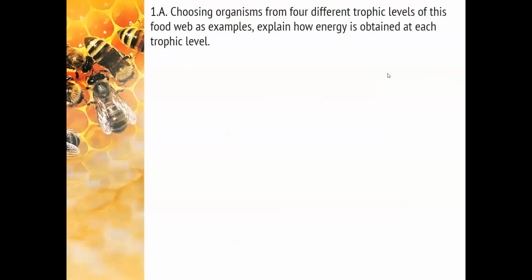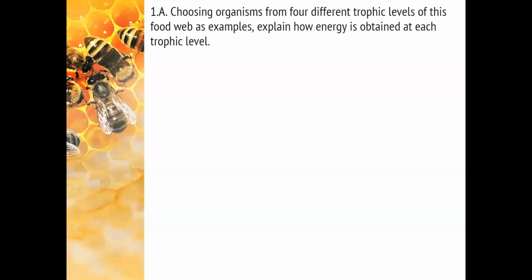So buzzwords that you might have used in this were producers and consumers, first level, secondary, tertiary consumers. Those would be all buzzwords. And you would talk about the producers using energy from the sun through photosynthesis, because it wants you to explain, right? So you need to include how it's happening.